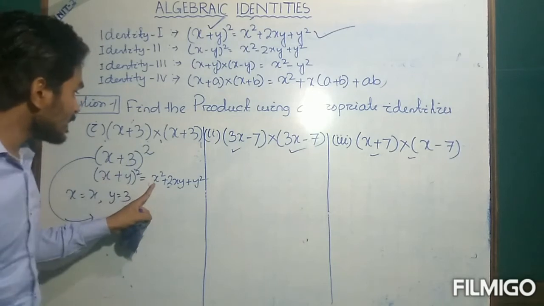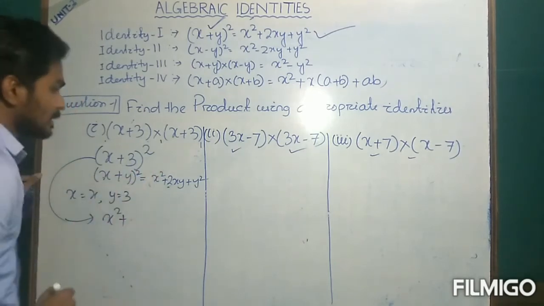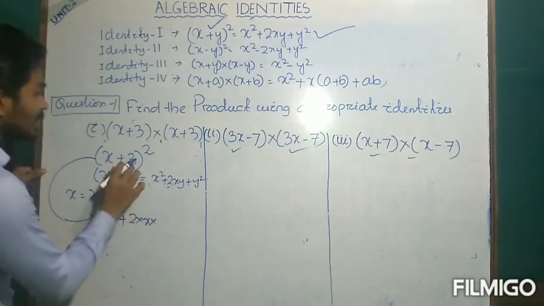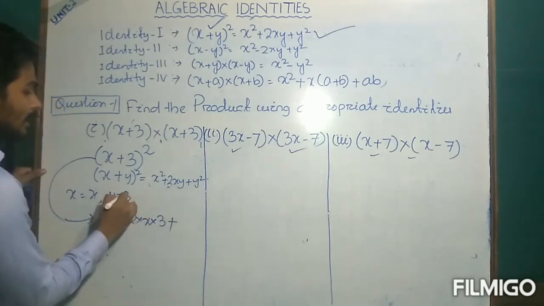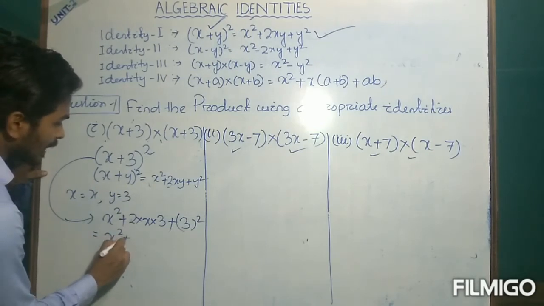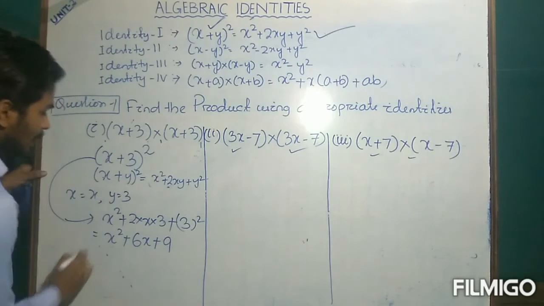Now you can use this formula. So x square plus 2 into x into y, here y is 3, plus y square, here y is 3 square. That is x square plus 2 into 3, just 6x, plus 3 square, just 9.